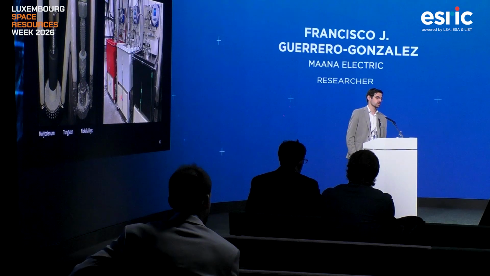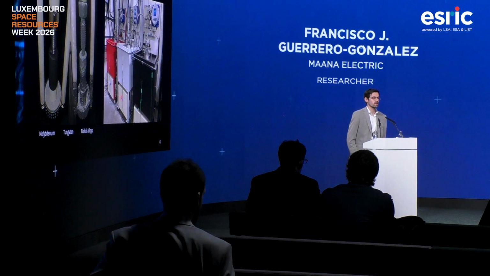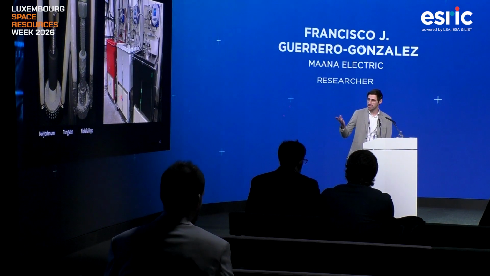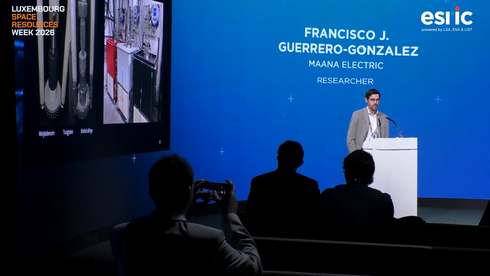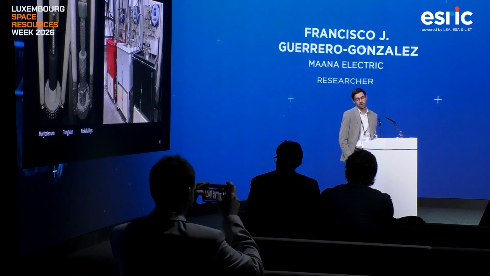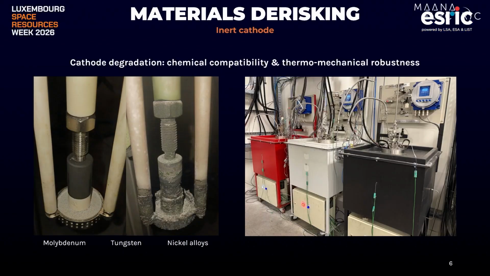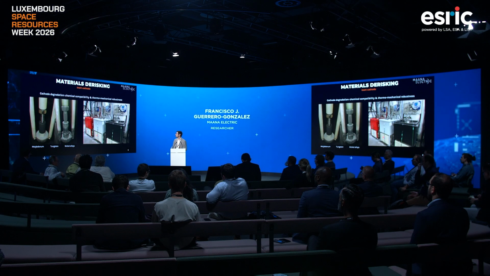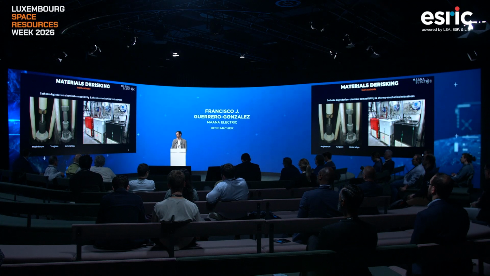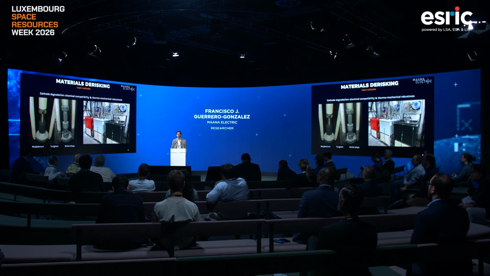The first one of those, again, inert anode, we already heard about that in the previous presentation. In our case, we are looking into refractory metals, molybdenum, tungsten, but also nickel alloys. We already saw that molybdenum and tungsten, for example, are very brittle. And while we are also concerned about chemical compatibility, we are even more concerned about the thermomechanical compatibility. Molybdenum and tungsten tend to break pretty easily.